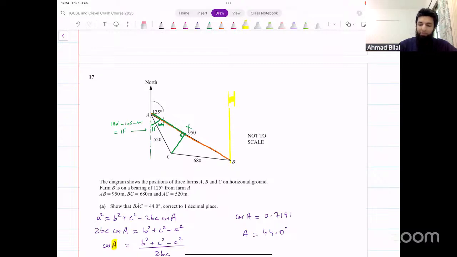Now, all of this is on a horizontal surface. All of these points are on a horizontal surface. Points A, C, B, X, all of these are on a horizontal surface. This yellow line is a vertical line.